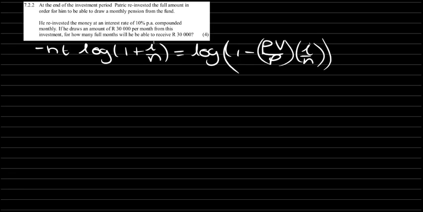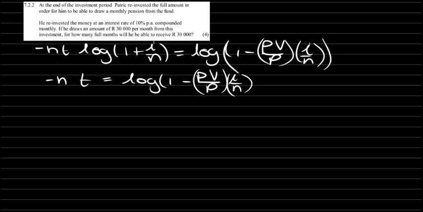Like we said, the plan was to divide by log of (1 plus I over N) on both sides. So minus NT equals log of (1 minus PV over P times I over N), all of this over log of (1 plus I over N).